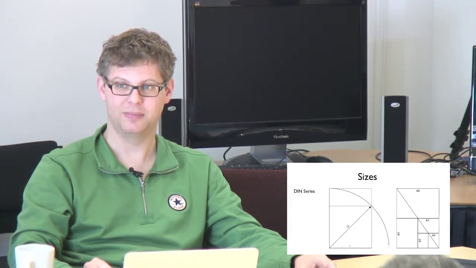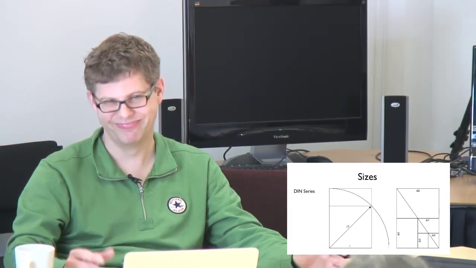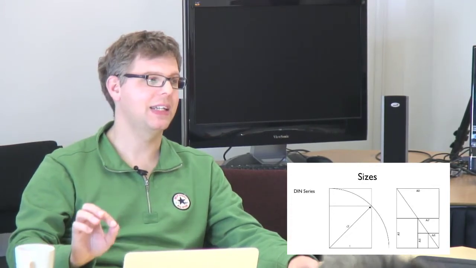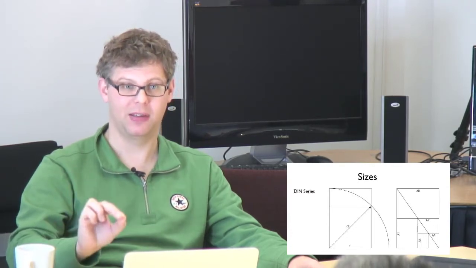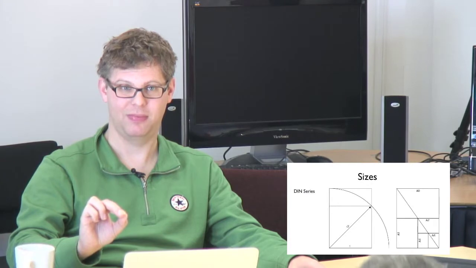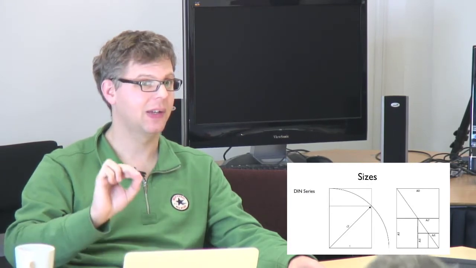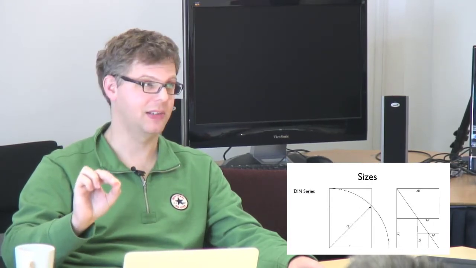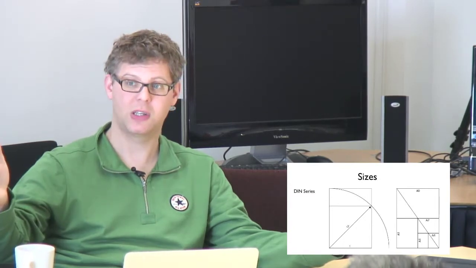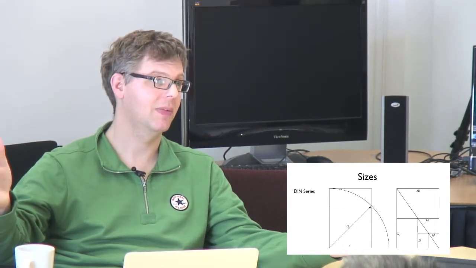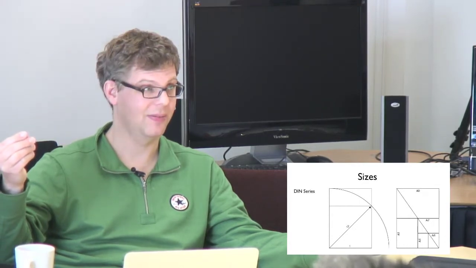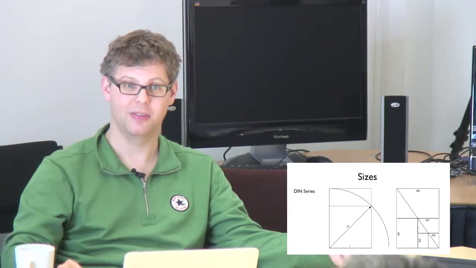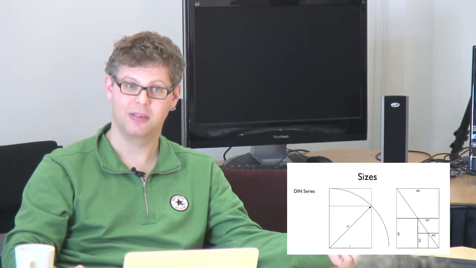A0 is 16 times the size of A4. Nice thing is that A0 is exactly 1 square meter. That means if your paper is delivered in large size, let's say in A0, and you know the density of the paper, what can you do? Calculate how many sheets are there? Exactly.